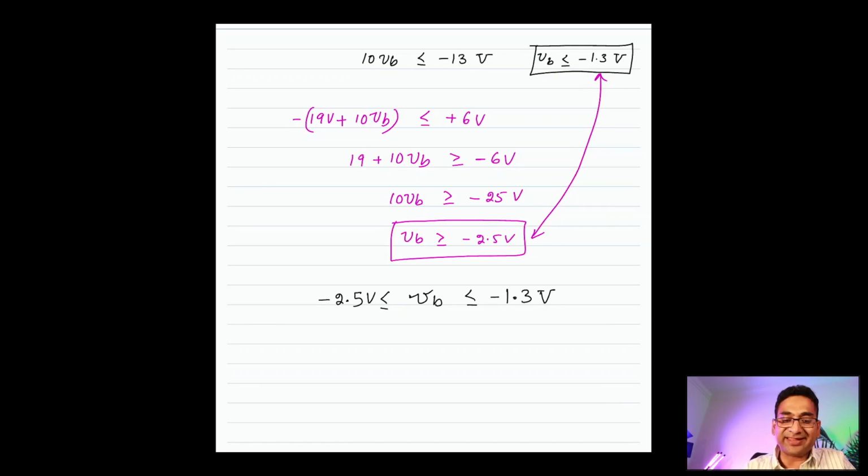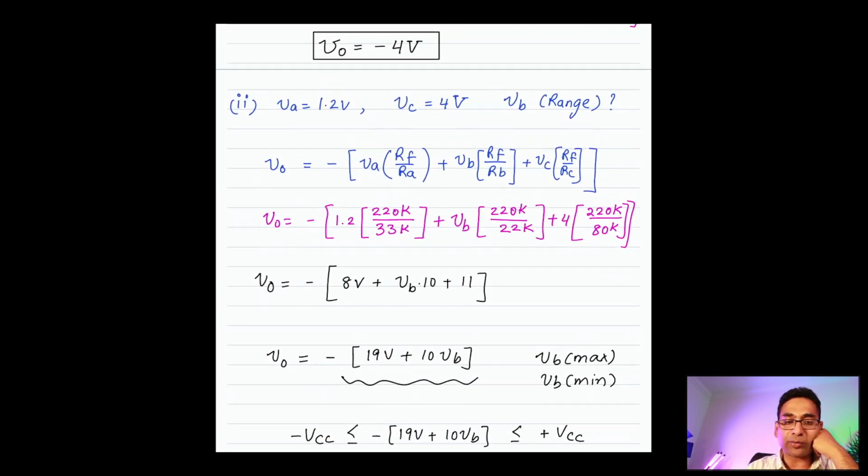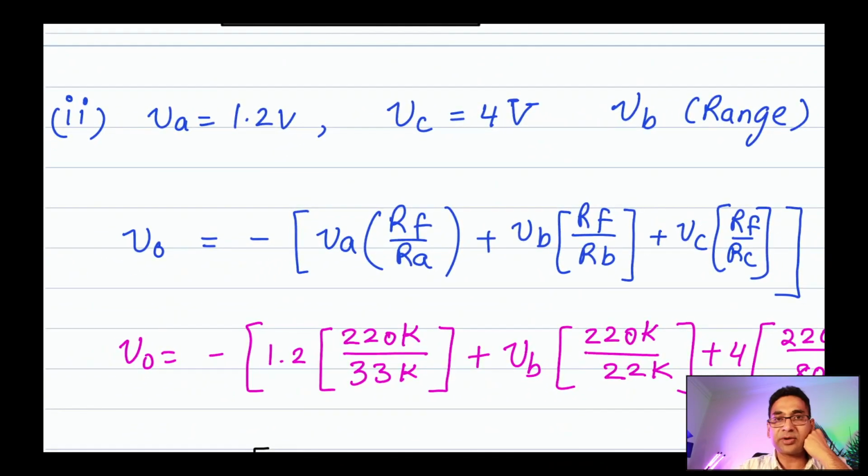If this inequality is satisfied, we can assure that the op amp is going to be operating in linear region. Okay, so that's all there is to it. Straightforward application of this formula.